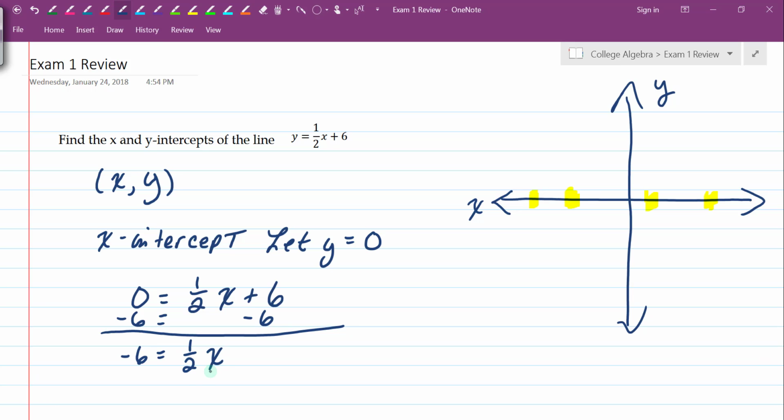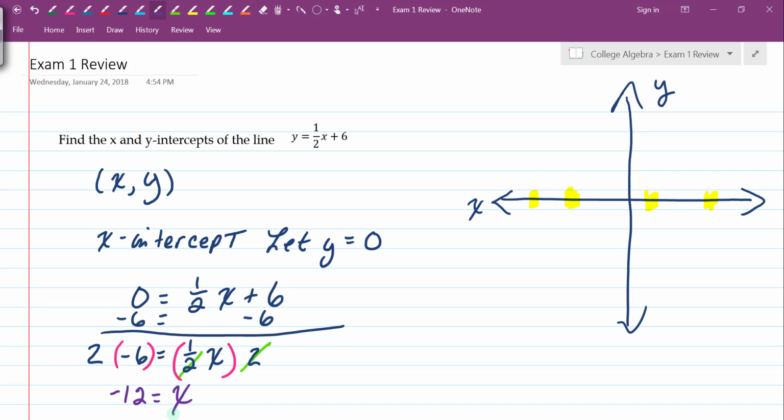To solve for x, we multiply both sides by 2, because what I do to one side I have to do to the other. On this side, my 2's cross out, and I am left with -12 is equal to x.